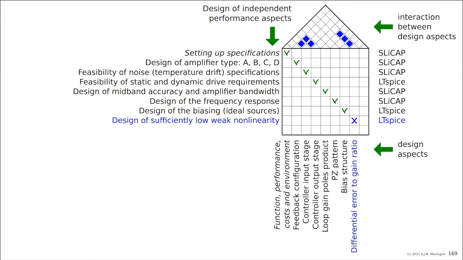If it contributes nothing to the differential gain error, but a lot to the loop gain, it is capable of reducing differential gain of the loop gain without adding something to it. So that's what we mean with differential error to gain ratio.